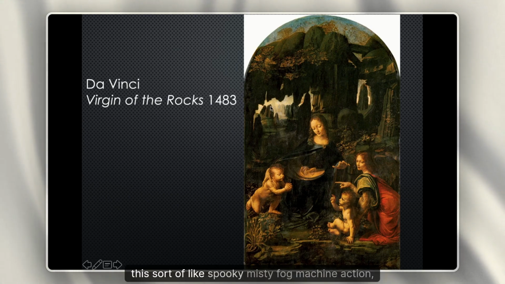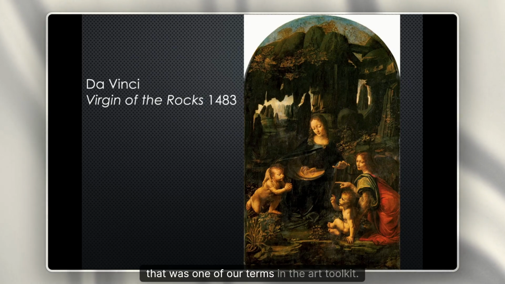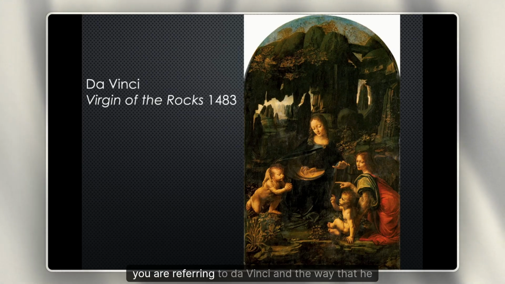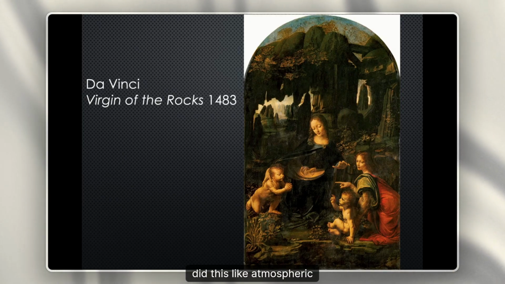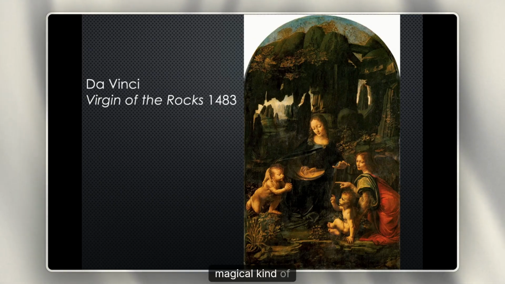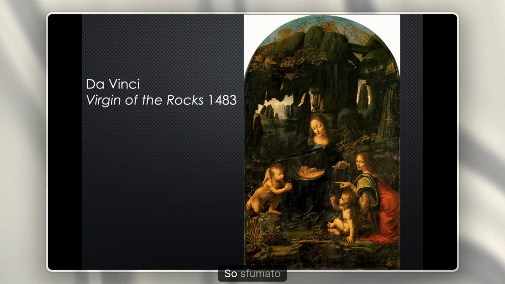This spooky, misty fog machine action is called sfumato. That was one of our terms in the art toolkit. When you refer to sfumato, you are referring to Da Vinci and the way he did atmospheric perspective on steroids. You've got this ultra hazy, magical fog machine thing going on. That is Da Vinci. So sfumato, think Da Vinci.